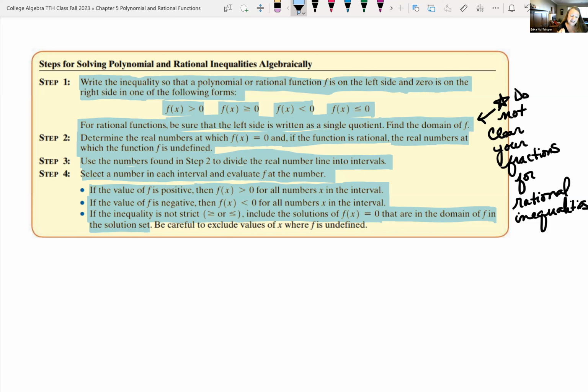So if we had the less than or equal to or greater than or equal sign in the inequality, we will just use the solutions that set the equation equal to 0, but not also the denominator. So be careful to exclude values of x where f is undefined. So undefined again, values where your denominator equals 0.